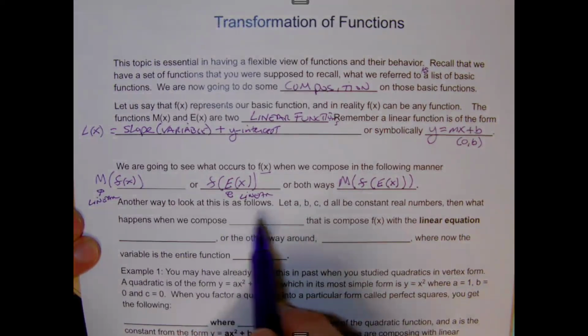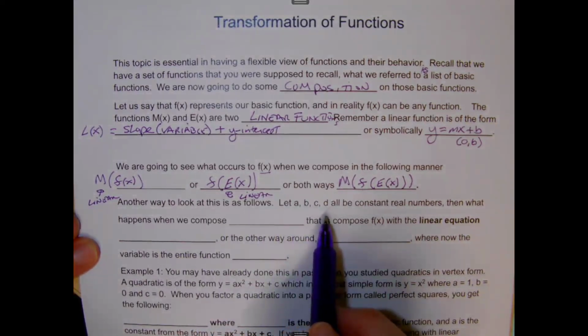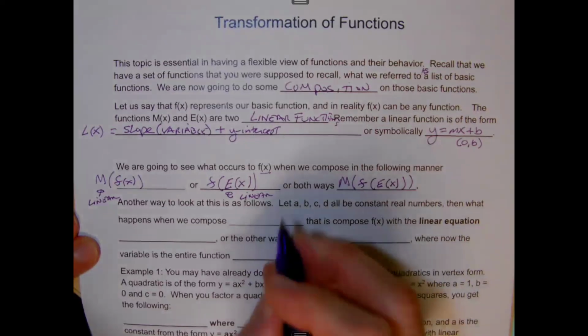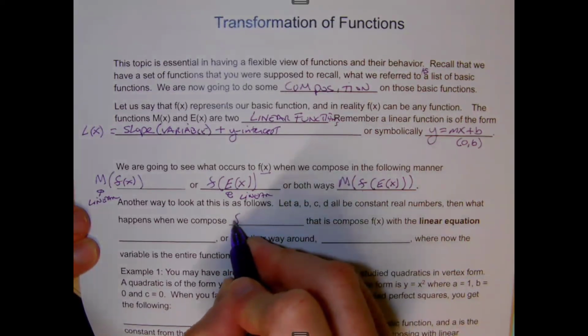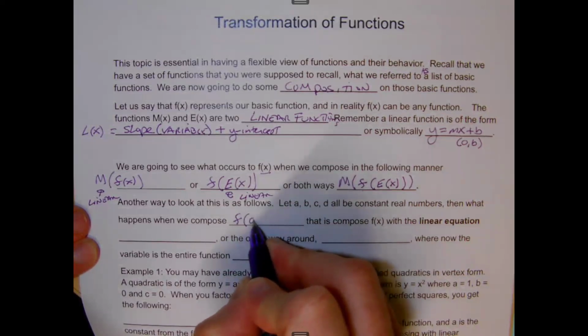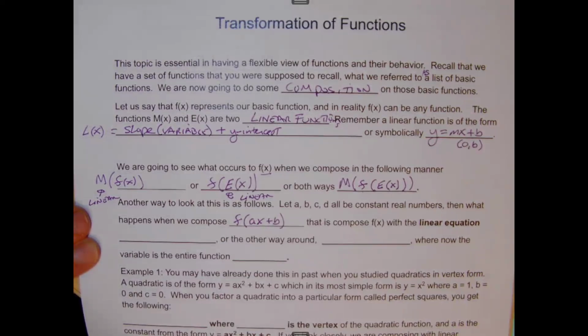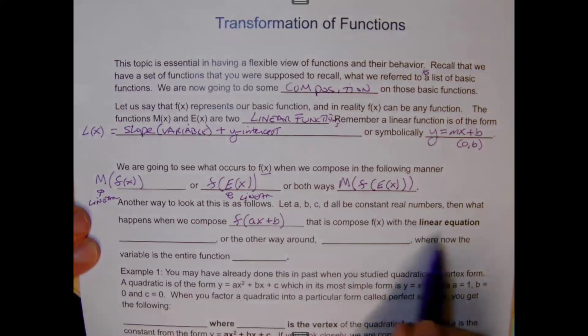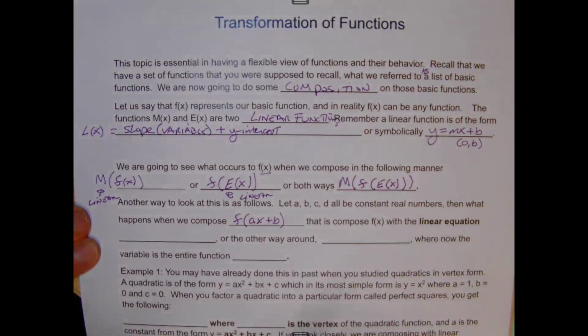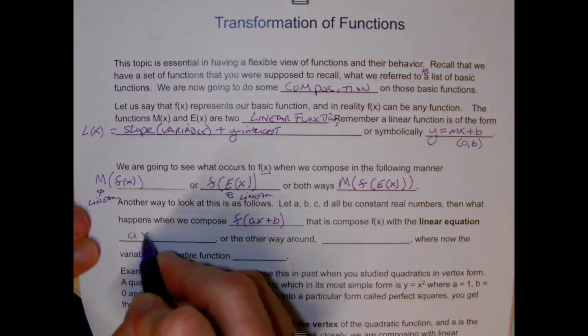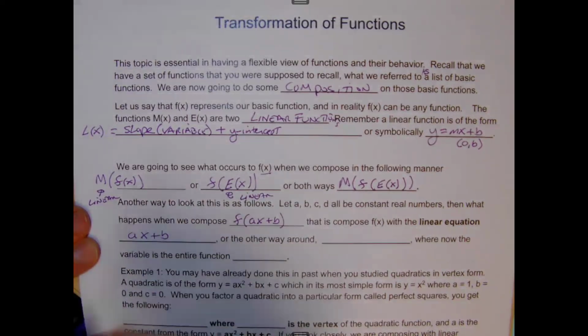Another way of looking at this is as follows. Let a, b, c, and d all be constant real numbers. Then what happens when we do the following? Again, we can look at it this way: f, and then drop inside of it a linear function. That is, we compose f of x with a linear equation, the linear equation being ax plus b.